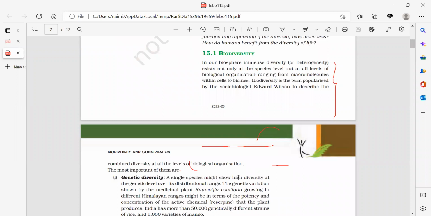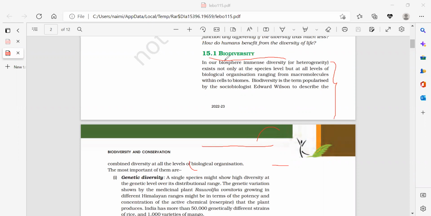Here you can see this one. In our biosphere, immense diversity means it is heterogeneous; the word heterogeneity comes for that. The question for NEET purposes arises: in our biosphere, which type of diversity occurs?